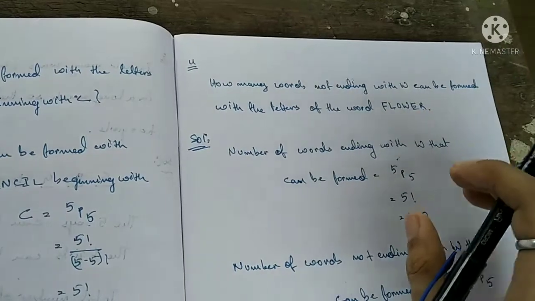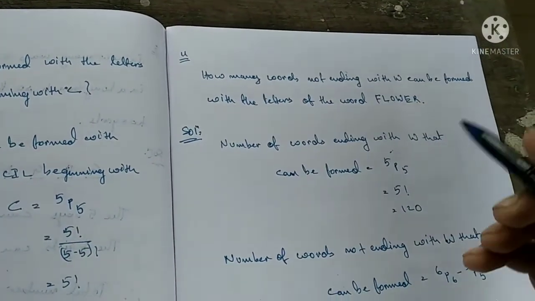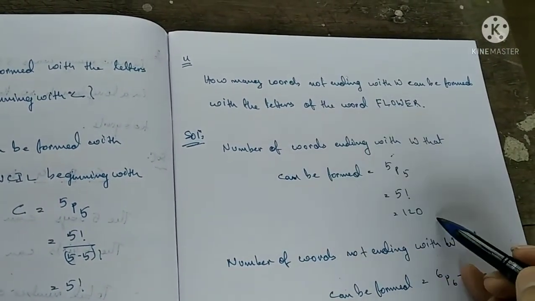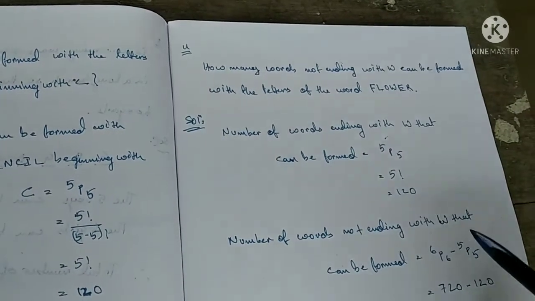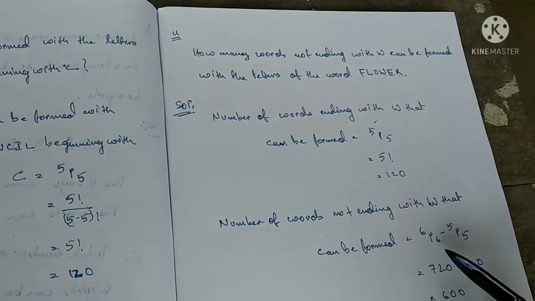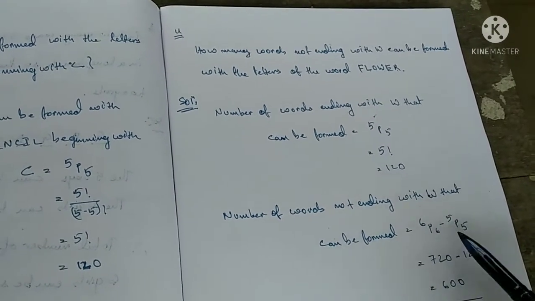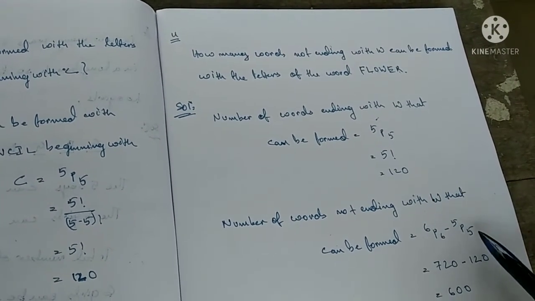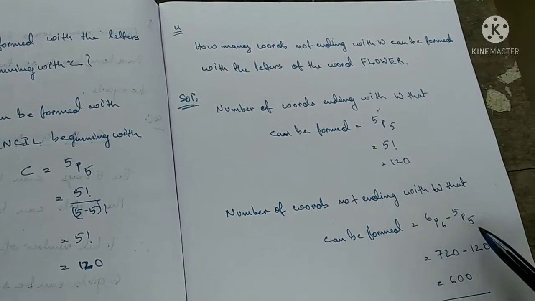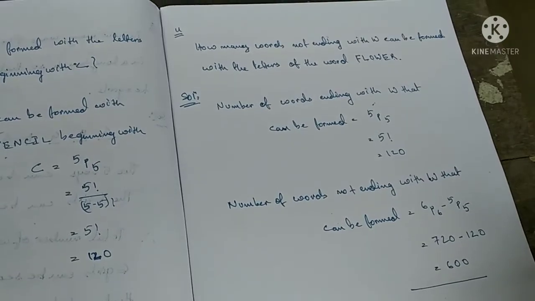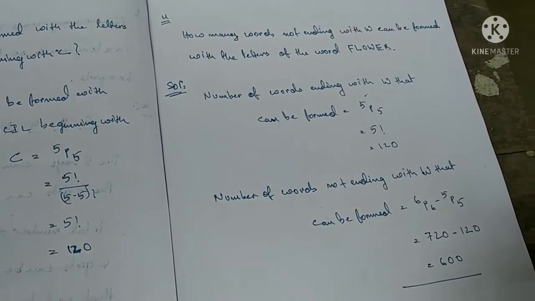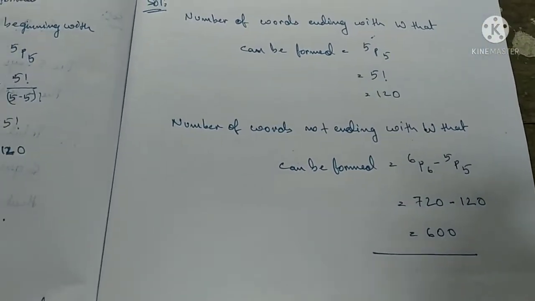Out of those, the number of words ending with W is 5 factorial, which is 120. So the number of words not ending with W is 6P6, that means 6 factorial, minus 5P5, that means 5 factorial. Understand? 6 factorial minus 5 factorial ultimately gives me this answer.